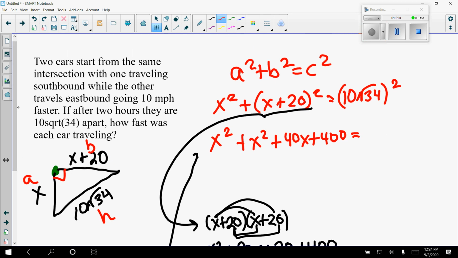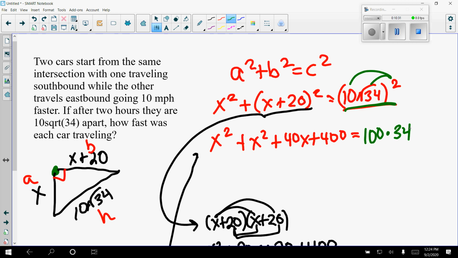Now, that's not all the fun that we get to have. I use a different color here. When I do this, I distribute the squared. So what I do there is 10 squared is 100. The square root of 34 squared, just like square rooting undoes a square, squaring undoes the square root.